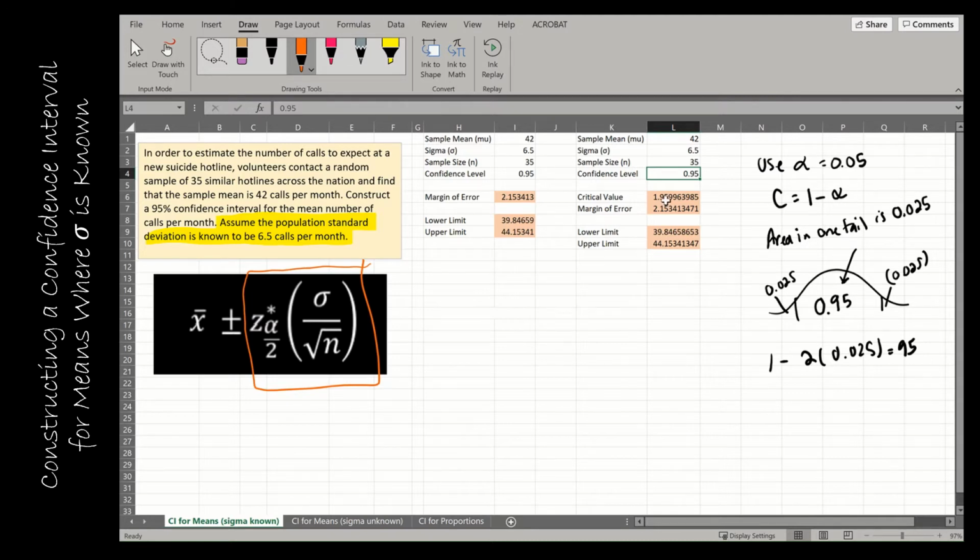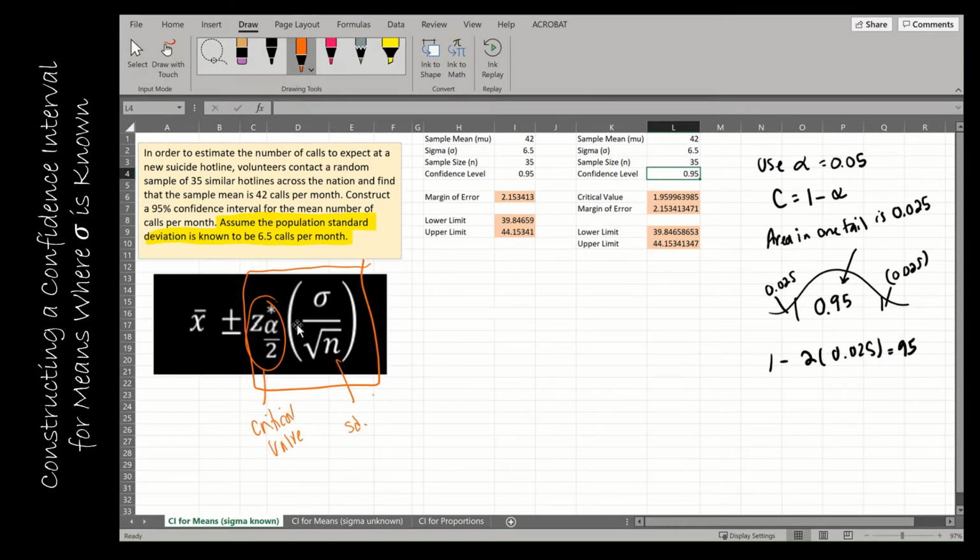If I'm finding each value here, this would be the critical value, and this would be the standard deviation of our sample. So we're taking sigma divided by radical n, which we practiced last week.